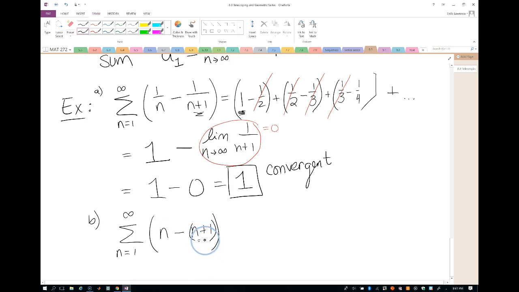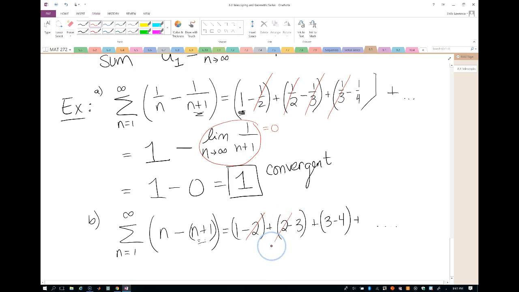The second term in this series looks very similar to the first. It's just what we would get when we plug the next value of n in. So if we write out a few terms here, we get 1 minus 2. Plug in n equals 2, you get 2 minus 3. Plug in n equals 3, you get 3 minus 4. And this just continues forever.